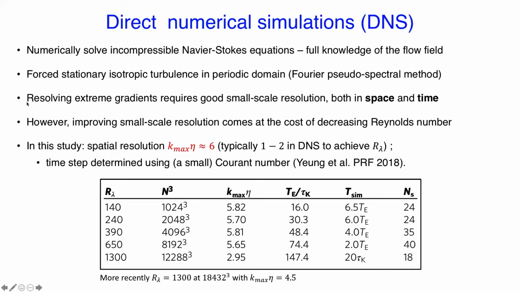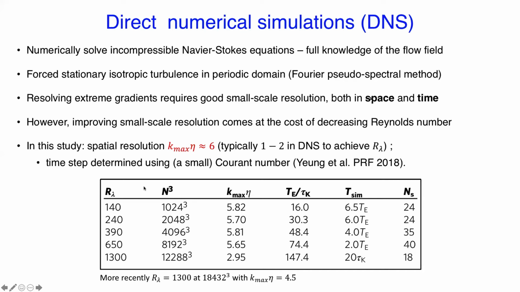And since we are looking at resolving extreme gradients, we have to be mindful of the small scale resolutions, both in space and time. And if we want to resolve the strongest gradient properly, then that basically comes at the cost of decreasing the Reynolds number for the same grid size.